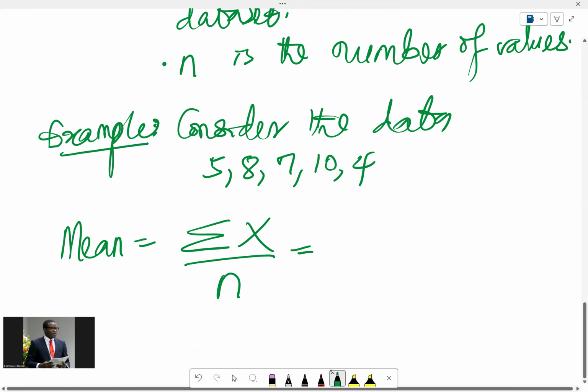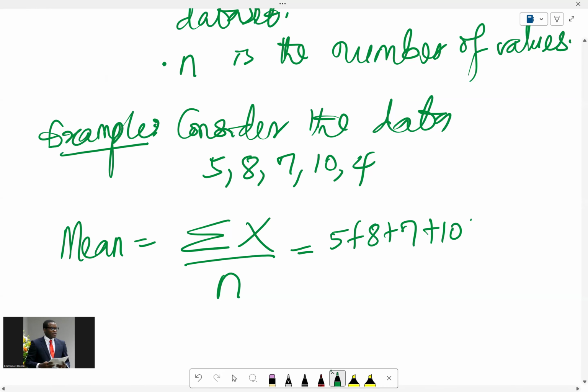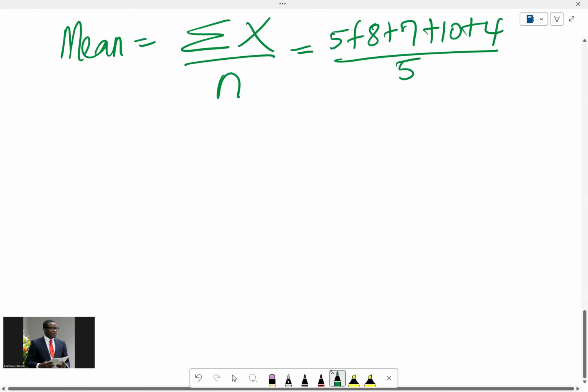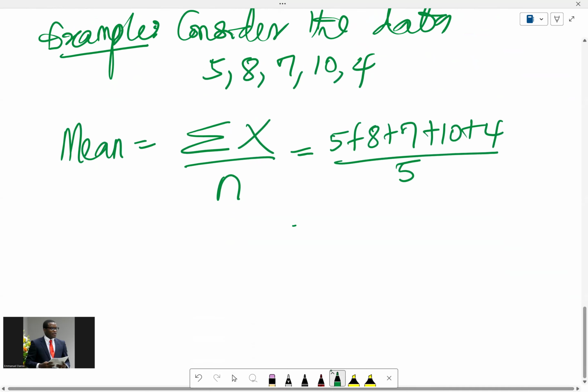So you have 5 plus 8 plus 7 plus 10 plus 4 over 5 of them: 1, 2, 3, 4, 5. 5 plus 8 is 13, 13 plus 7 is 20, 20 plus 10 is 30, plus 4 is 34, divided by 5. That gives you 6.8. So the mean here is 6.8.